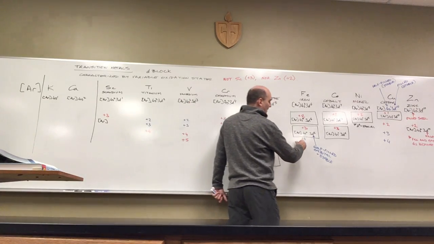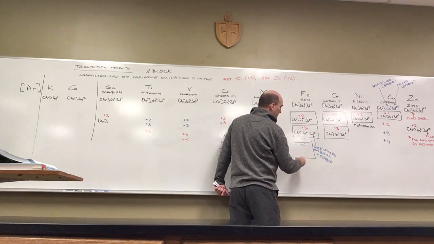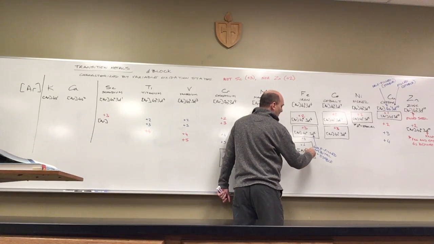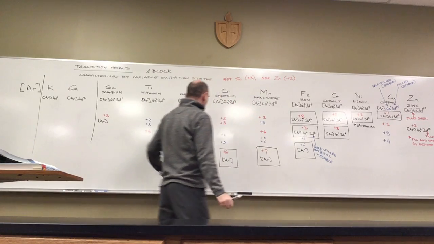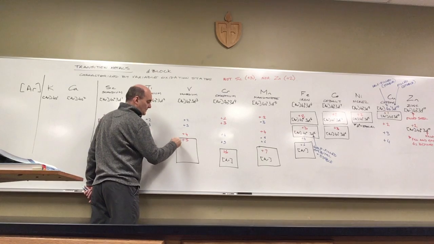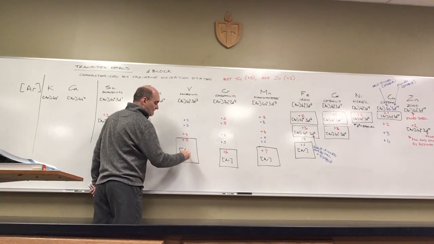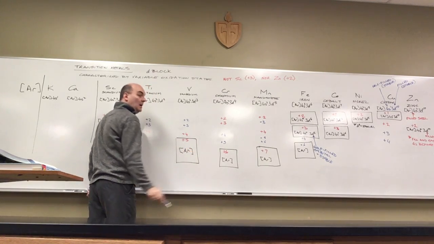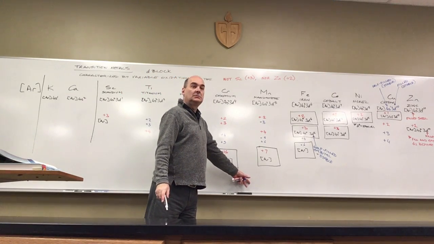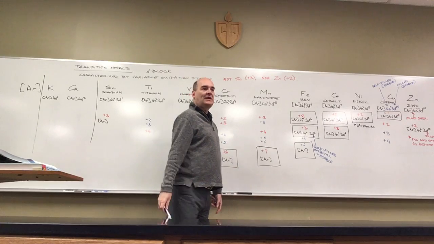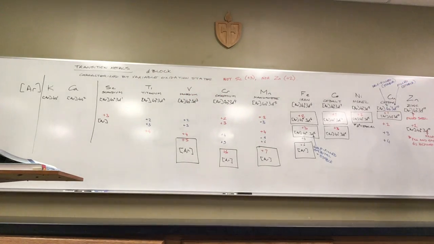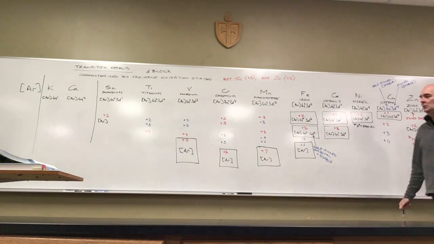Let's look at +6 here for the ion. That also is my closed shell configuration. So this number builds but maxes out at manganese. Manganese is +7. It's not going to get any higher than that. +7 is the highest oxidation state that we're going to see.